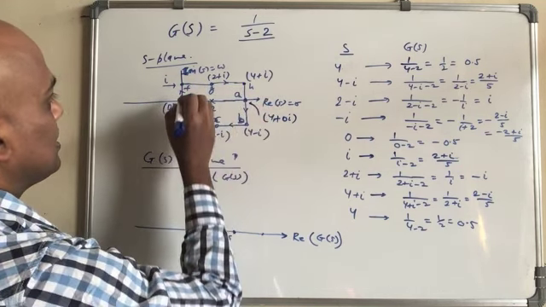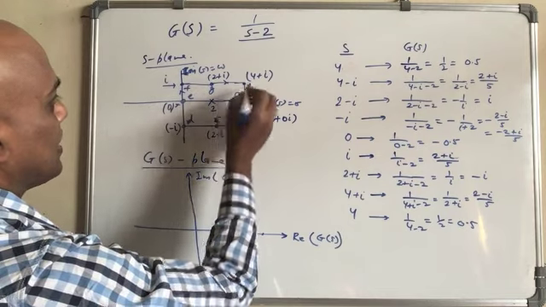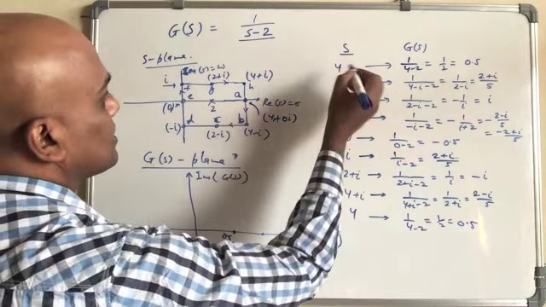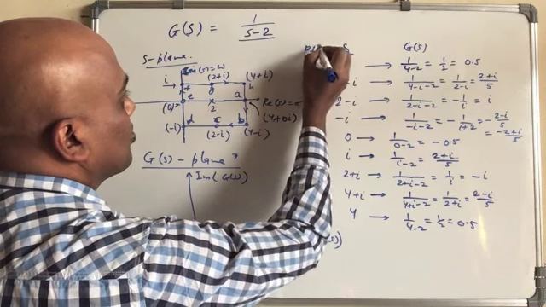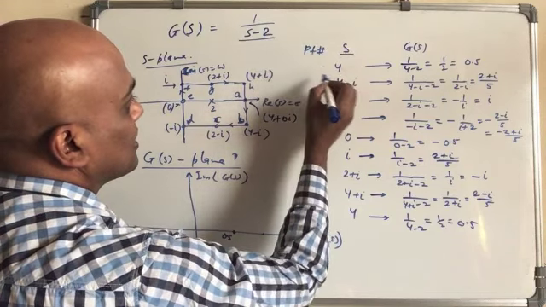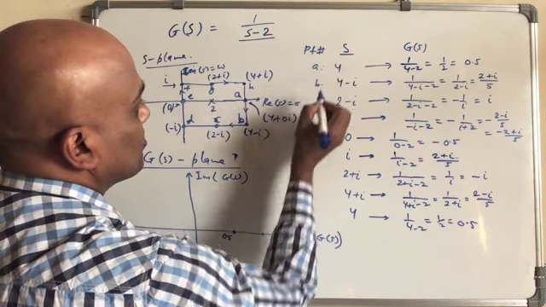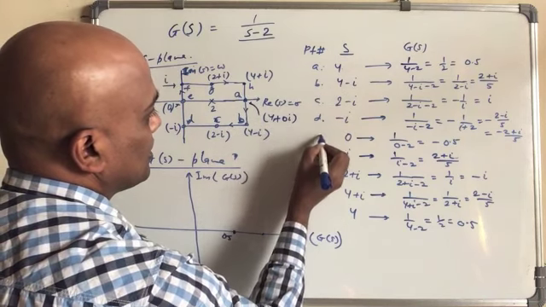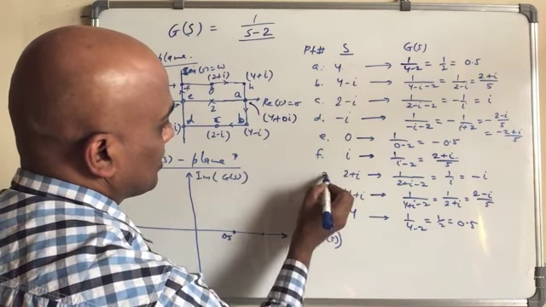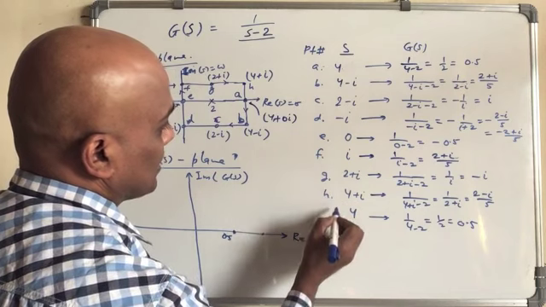A, B, C, D, E, F, G, H. So this is point A, and we write the point numbers here: A, B, C, D, E, F, G, H, A.